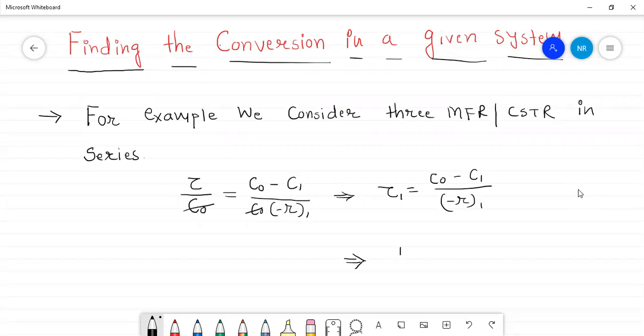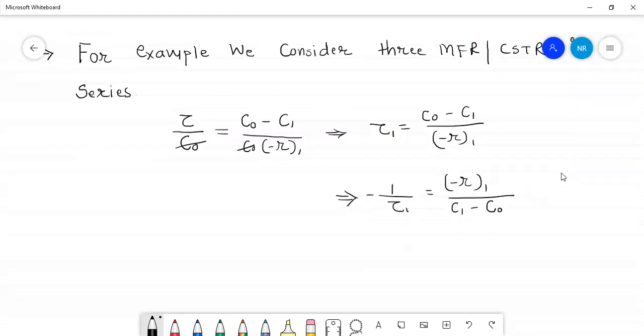So minus 1 divided by tau 1 is equal to minus R of 1 divided by (C1 minus C0). Here the minus sign will be considered. Okay? So this holds for any reactor, for example the ith reactor.